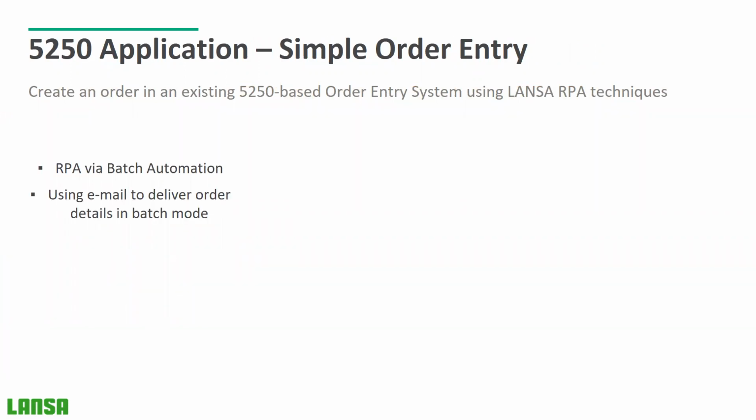What we're going to use is email to deliver order details in batch mode. So imagine my trading partner allows us to email them orders, or let's say you've got an ERP and some of your customers aren't that technology savvy, your ordering process is fairly simple, and they don't have a lot of technology at their end.